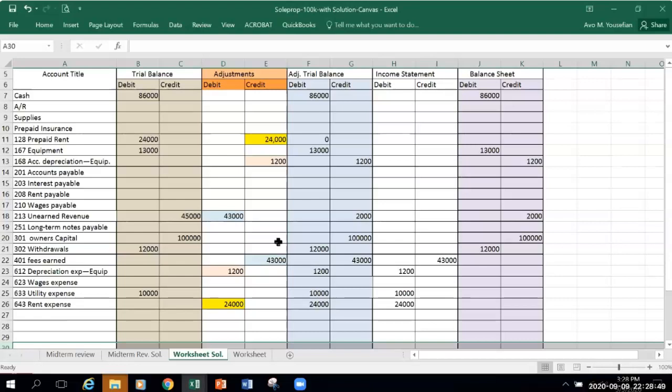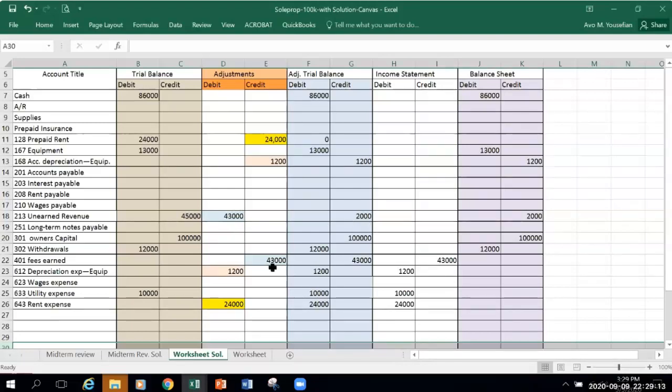In regards to unearned revenue, you received $45,000, so this is another adjustment. But we have just $2,000 left from that liability. So definitely we need to adjust it by 43 to get to the 2 that we want.